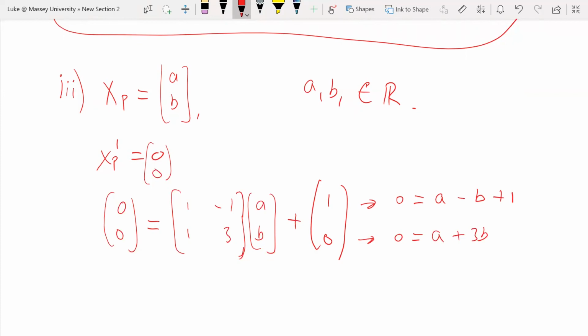Which way should we do this? From the first line, this tells us that a is equal to b minus 1.